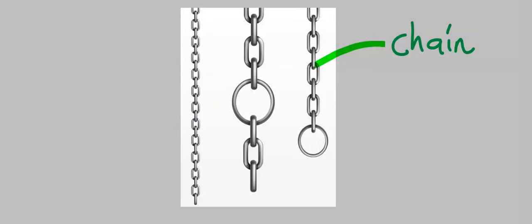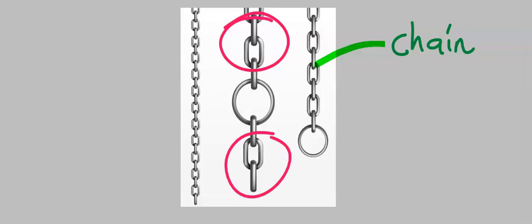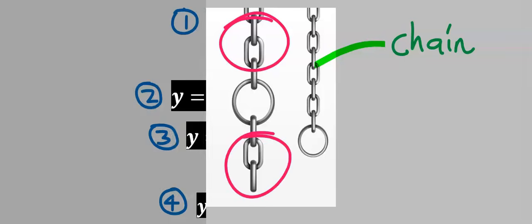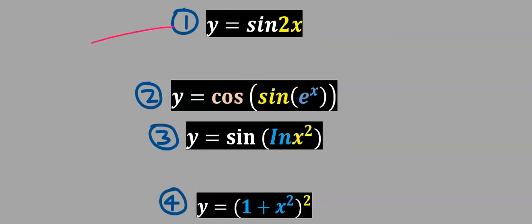Subsequently, you apply chain rule when 1 or more functions is chained to another function. For example, this is supposed to be sin x. However, this function is now chained to this function, replacing x. Likewise, this is supposed to be cos x.